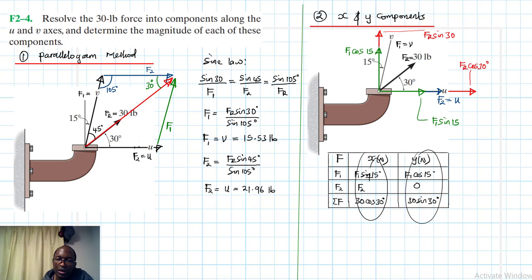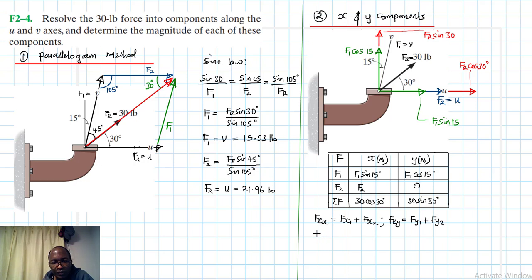So we are summing the x components equal to the resultant component. We have these equations: the resultant FRx is equal to Fx1 plus Fx2, and FRy is equal to Fy1 plus Fy2.